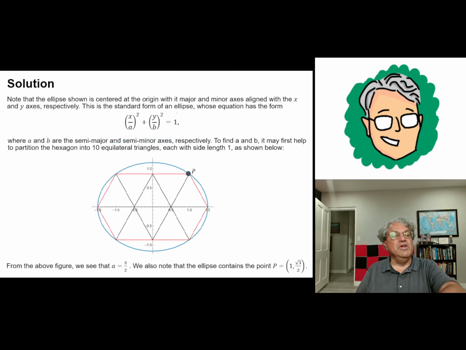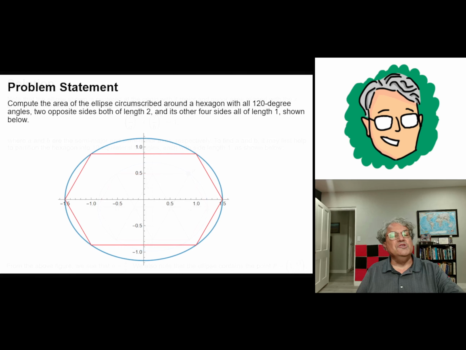Well, you may remember, if you learned about ellipses in high school, the general form of an ellipse centered at the origin and oriented so that its major axis is along the x-axis and its minor axis is along the y-axis, as shown.